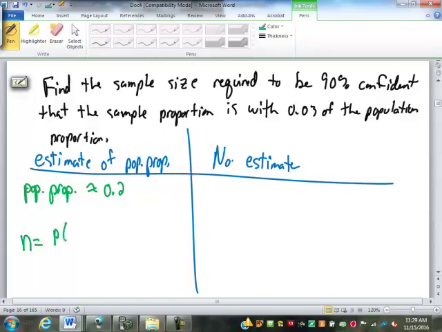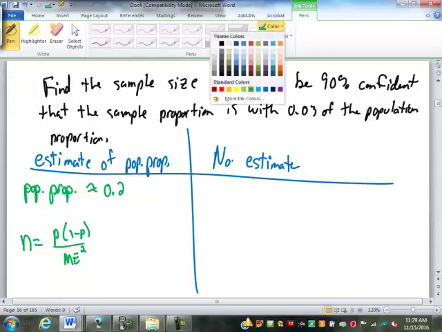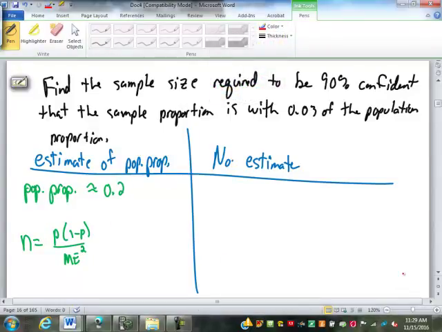p times 1 minus p over our margin of error squared. So to deal with that, we're going to punch in this estimate of the population proportion.